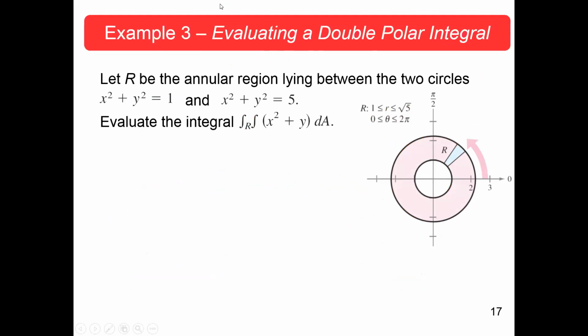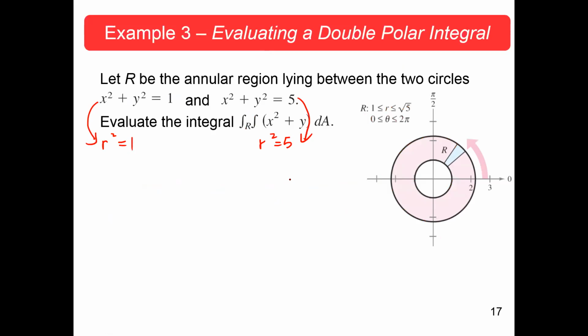Next, I would like you guys to take a look at this problem here. Let's suppose we want to evaluate a double polar integral. Let R be this annular region lying between the two circles. Evaluate the double integral of x squared plus y squared dA over region R. First of all, we can tell this is r squared equals 1 and this is r squared equals 5.